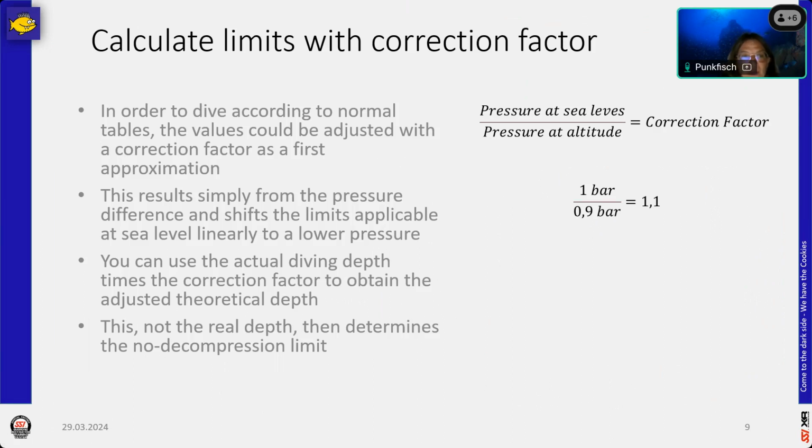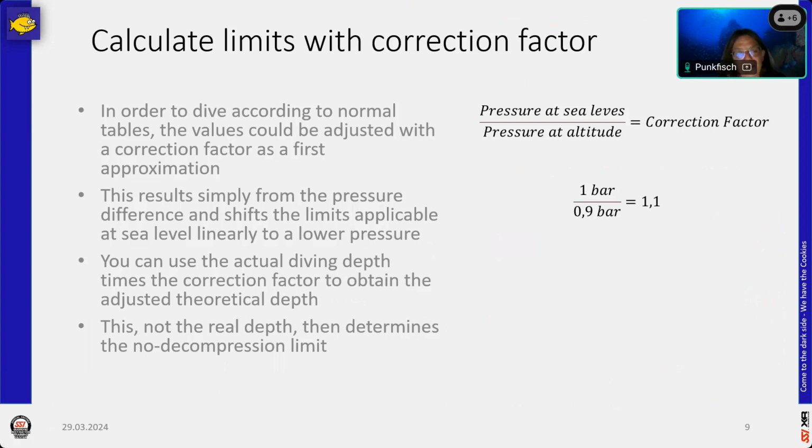So if you go to 2,000 meters, a bit higher than these easy-going 1,000 meter lakes, it would be really visible. At 2,000 meters, all of a sudden you have just 0.8 bar ambient pressure, and that means that at 8 meters you reach the same effect that you would reach at 10 meters at sea level.